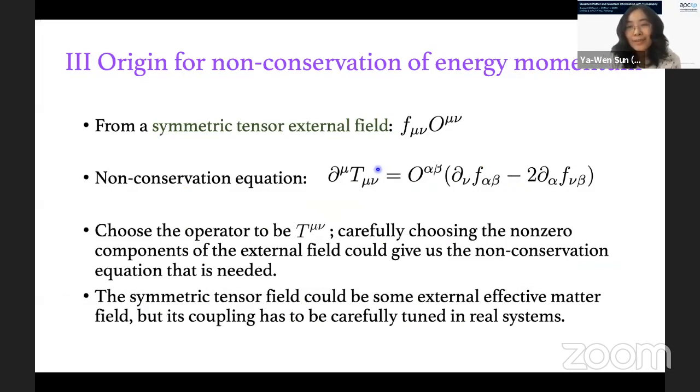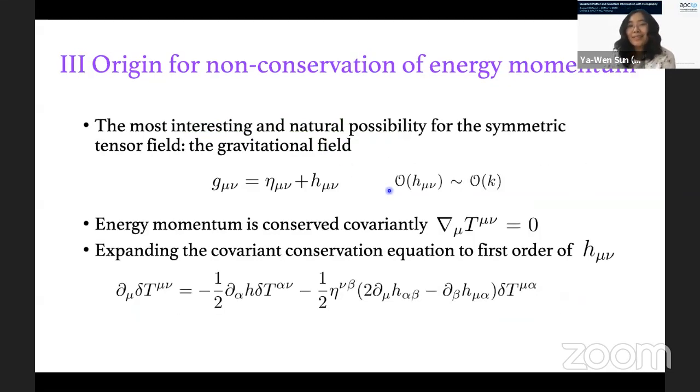And now there's a very natural quantity that could couple to T mu nu of the system, which we know is the graviton. So there's a very interesting and natural possibility for this symmetric tensor F mu nu, which is to be the gravitational field. So we could introduce a gravitational field.